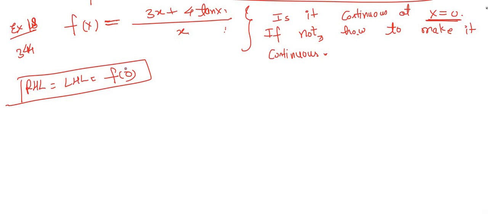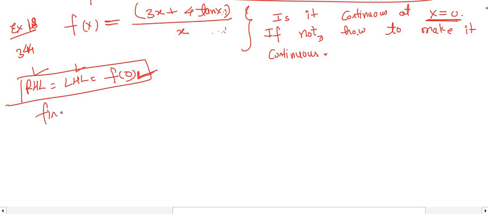At least at that point it should be defined. f(0) should be defined. If f(0) is defined, then we can calculate RHL and LHL. This is true for a rational function, numerator and denominator.